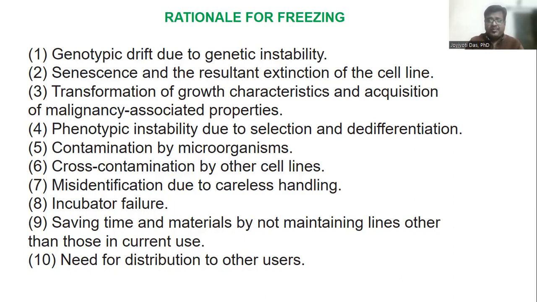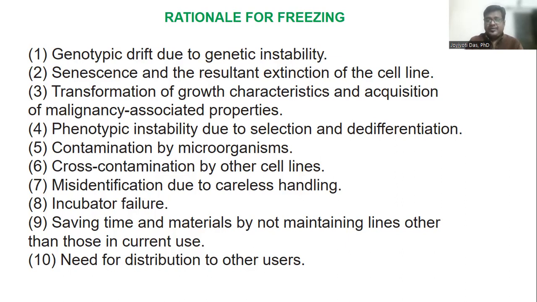If you're working with primary cells of a normal tissue, as we have discussed in detail previously, they will have a finite lifespan. Once you have isolated them from living tissue, you would like to complete your entire set of experiments using those cells.